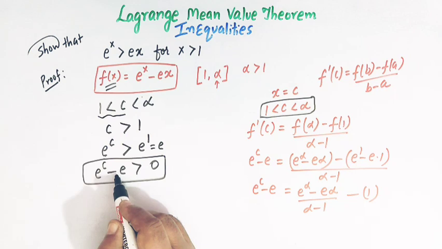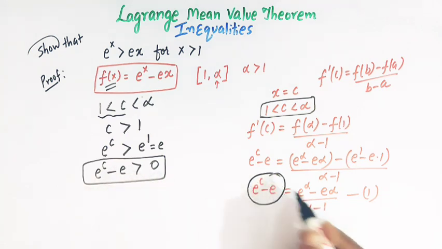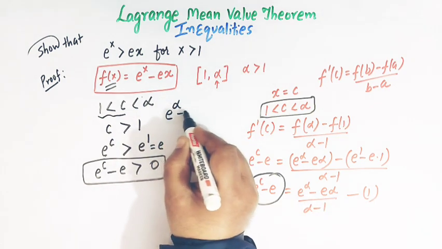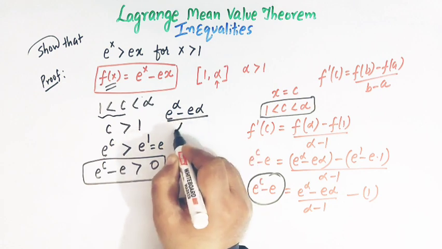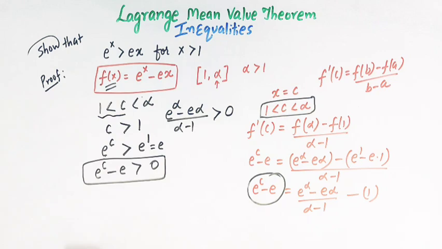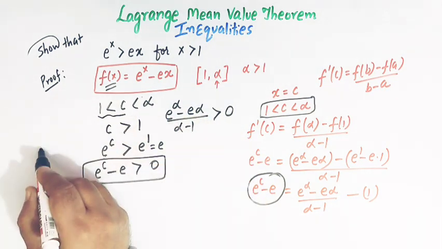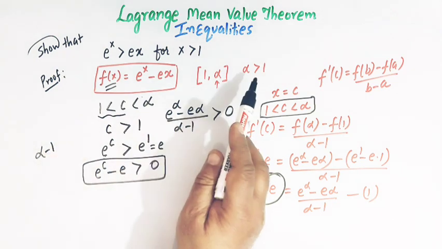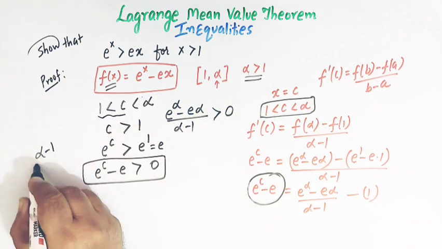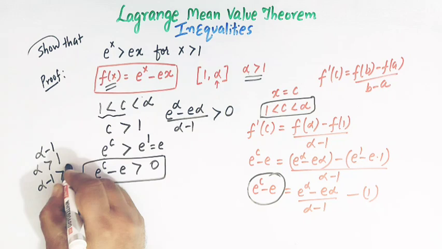So e raised to c minus e is greater than 0, and e raised to c minus e is given by this expression, that is e raised to alpha minus e alpha divided by alpha minus 1, that is greater than 0, right? Now we have to solve this inequality. Now see, here we have alpha minus 1, and alpha is greater than 1. So when alpha is greater than 1, then obviously alpha minus 1 is greater than 0.